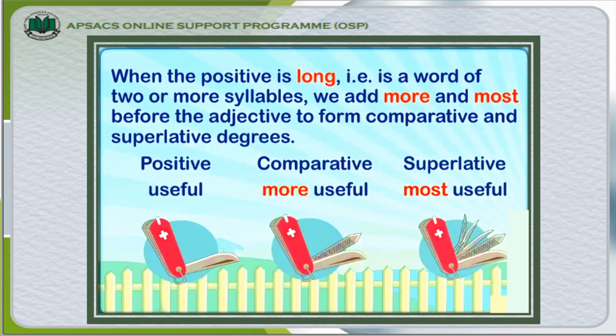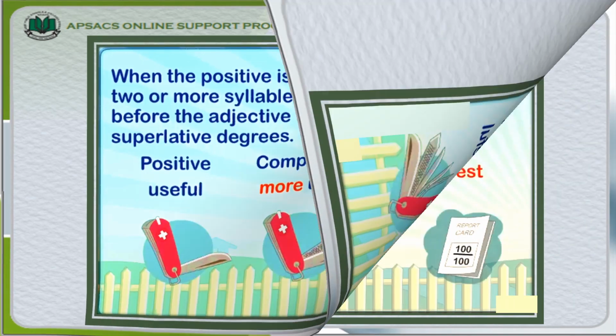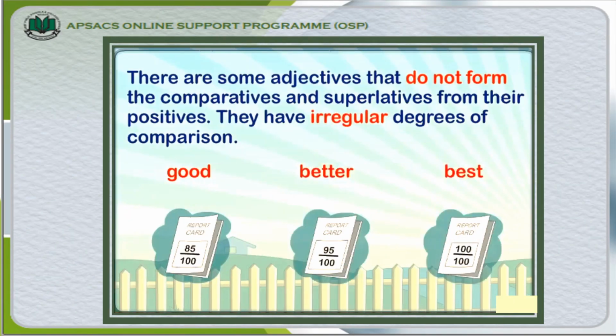And in superlative, we will say most useful. Okay, there are some adjectives that do not form the comparatives and superlatives from their positives. They are called irregular degrees of comparison. For example, good, better, best.